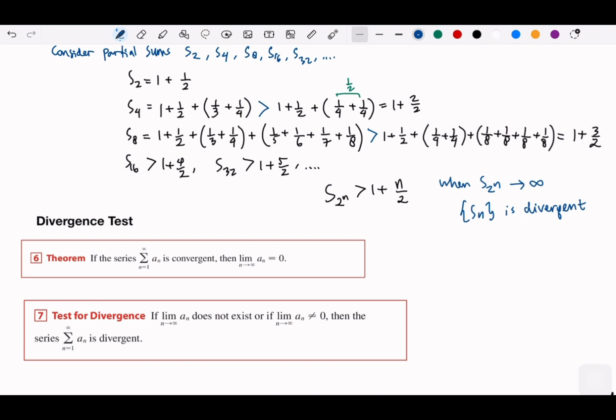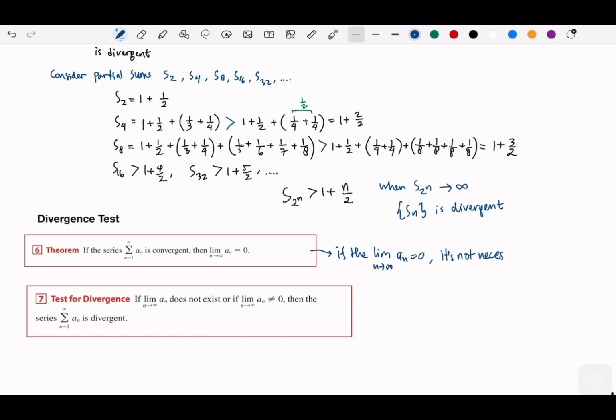So if the limit is 0, it's not the same as saying that this will be convergent. So let me write as a note here, and we can discuss later. If the limit is 0, it does not necessarily mean that it is convergent.